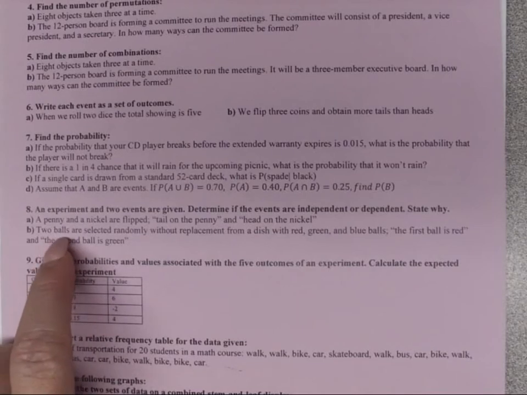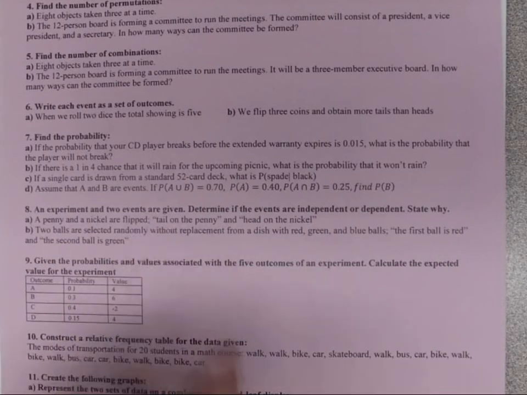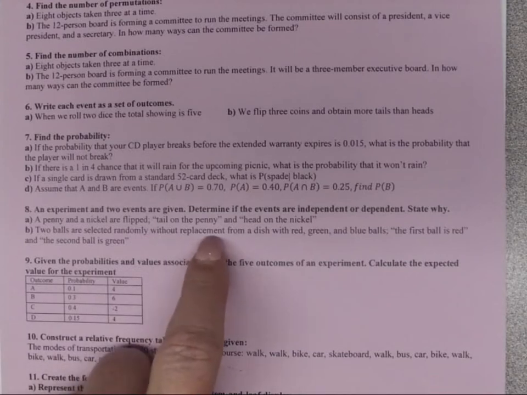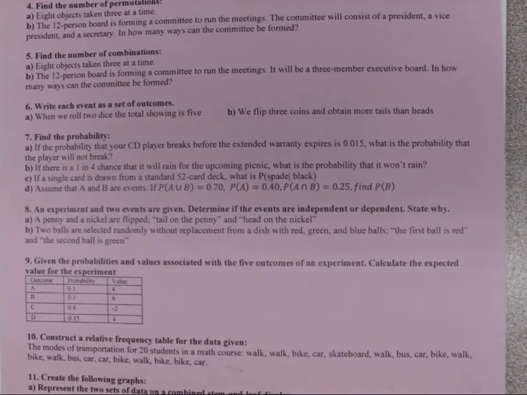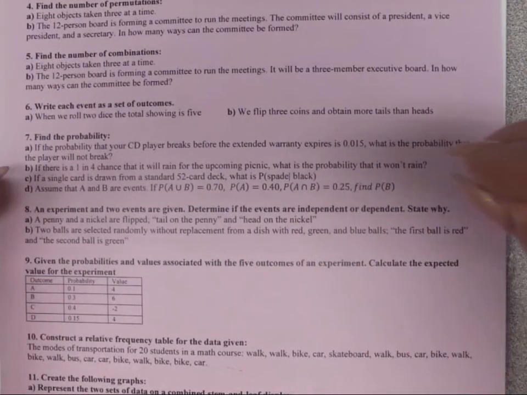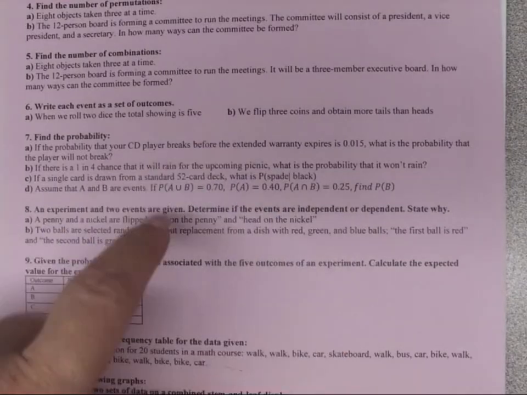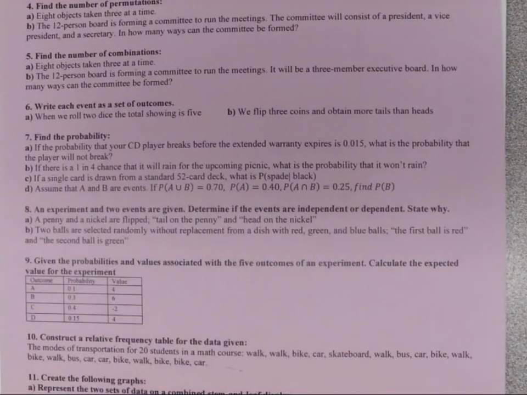However, if you have 2 balls and randomly select them without replacement, that means you take one out and don't put it back, from a dish with red, green, and blue balls, the first ball is red and the second ball is green. As you have a dish with all of these balls in, when you pull one ball out and you don't put it back, it changes the probability of how many balls are in there and what I'm going to pull next.